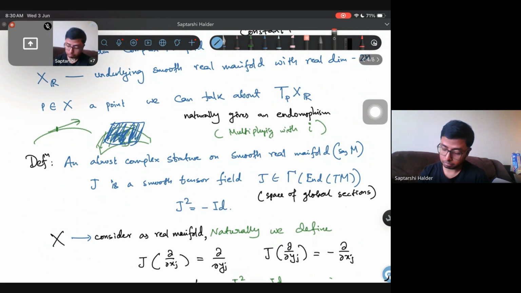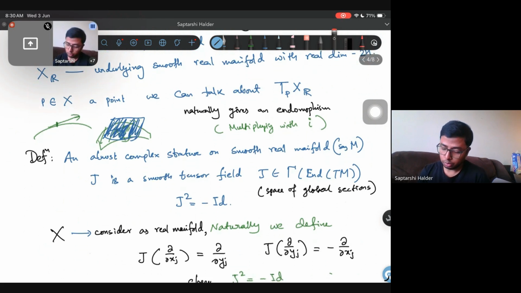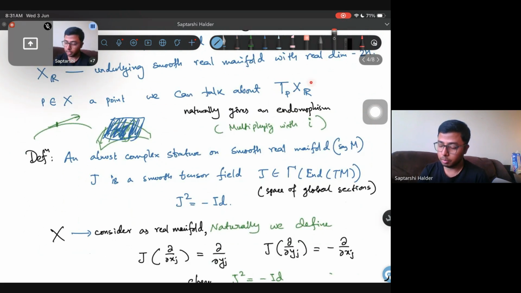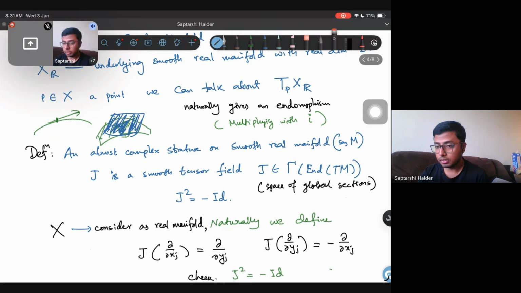Observe that each element of this T_p X_R naturally gives an endomorphism. How? Because X is a complex manifold. If we take an element, say capital X, and send it to i times X, then it remains in this tangent space.